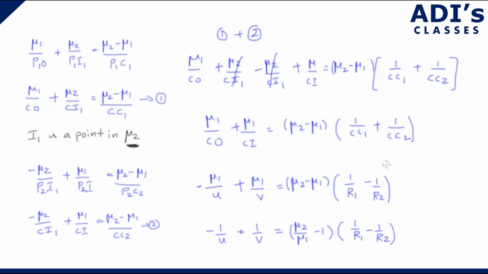Now, if you look at this, remember from the lens derivation, what is minus 1 by u plus 1 by v? That's nothing but 1 by f. So we end up with 1 by f is equal to, now mu2 by mu1 is nothing but the relative refractive index, so mu minus 1 into 1 by R1 minus 1 by R2.